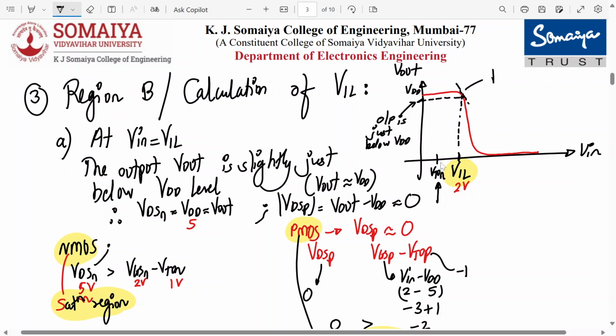Also, the critical parameter at VIL, which corresponds to dVout by dVin equal to -1, is located within region number B. This is A, this is B, which we are talking about. So as my input goes into region B, my NMOS goes into saturation, PMOS goes into linear, and my output slightly falls below the VDD level. At the critical point VIL, dVout by dVin should be equal to -1.